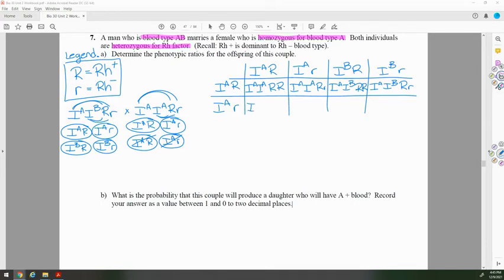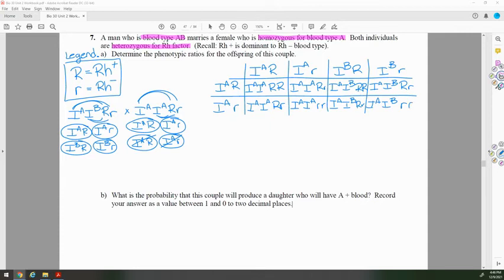Next row, we have IA, big R, little r. IA, two little r's. IB, big R, little r. And IB, two little r's.